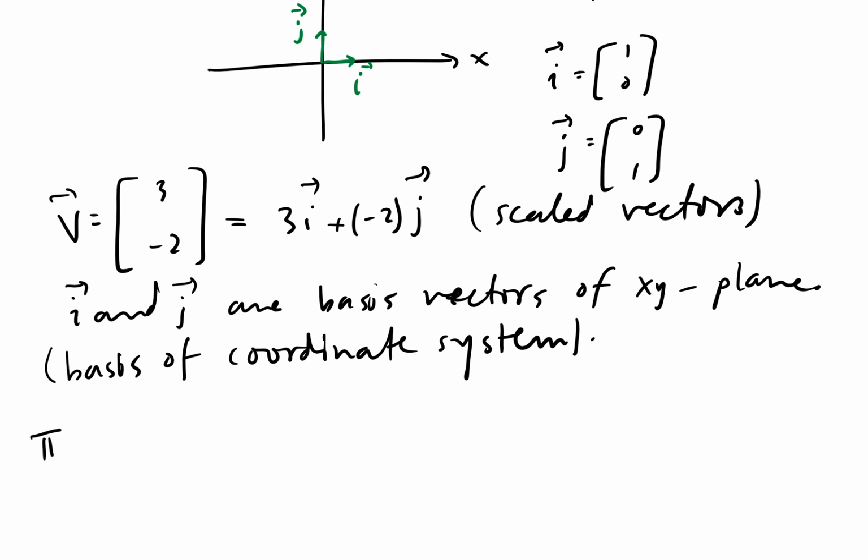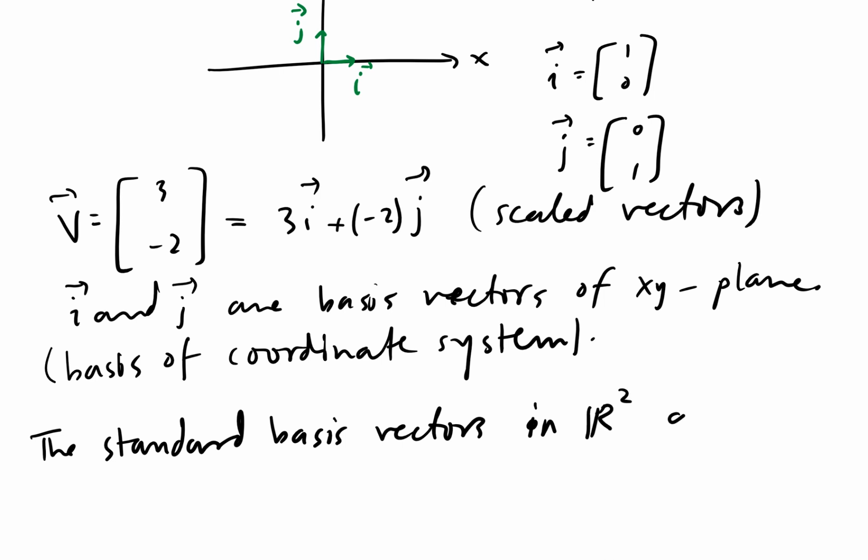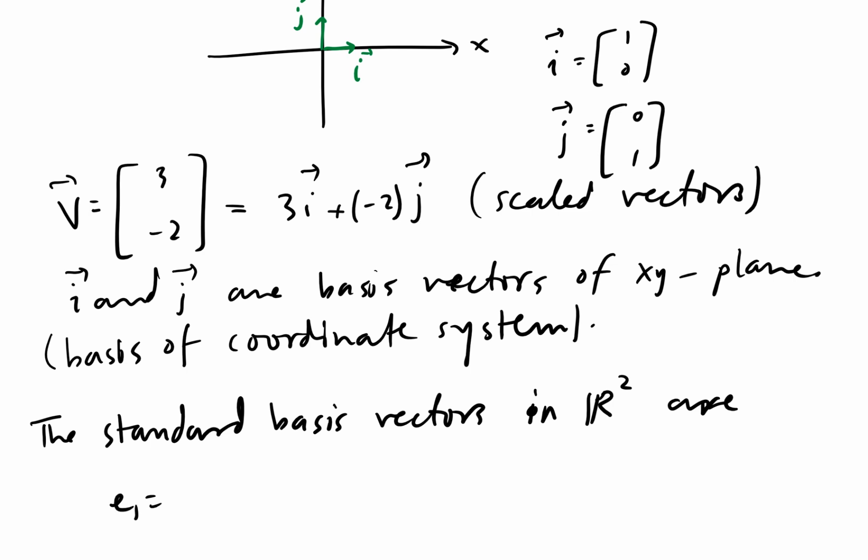So we say the standard basis vectors in R2 are the ones I showed you: (1, 0), we're going to call it e1, and (0, 1), e2.